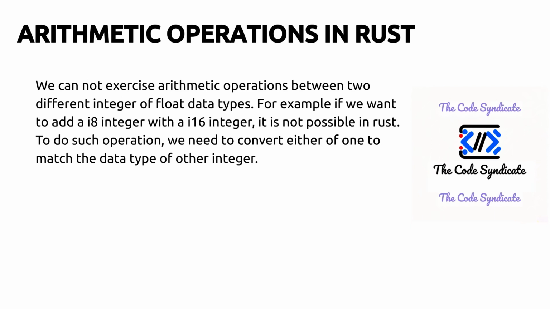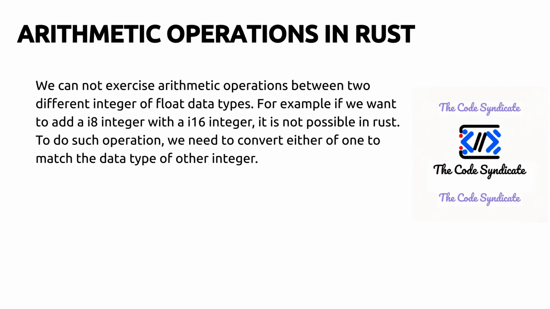To do such operations, we need to convert either one to match the data type of the other. Which variable you convert depends on the situation and convenience of the programmer. Just make sure not to get weird results, which we discussed in the previous few videos.